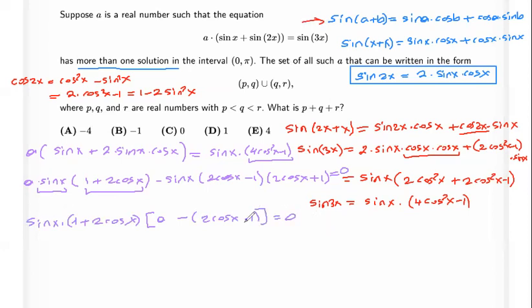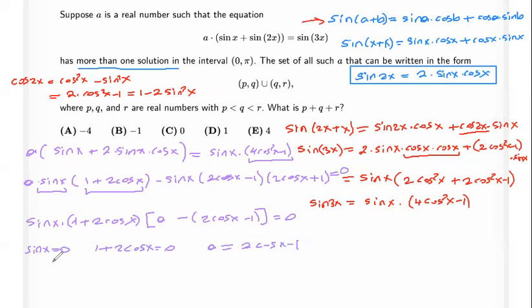If the product of stuff is equal to 0, then each factor can be 0. So sine x is equal to 0, or 1 plus 2 cosine x should be 0, or this has to be 0. For this one to be 0, a has to be 2 cosine x minus 1.